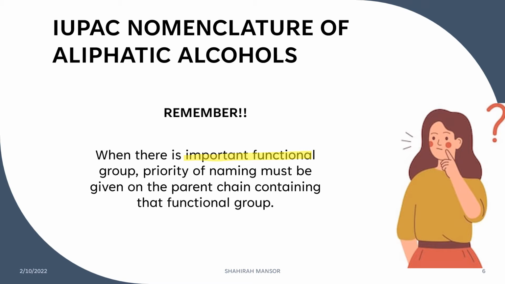Bermaksud, in order to give the name, numbering of the parent must start from the end that is closest to the functional group, just like what you did dalam alkene nomenclature, ataupun carbon double bond nomenclature.